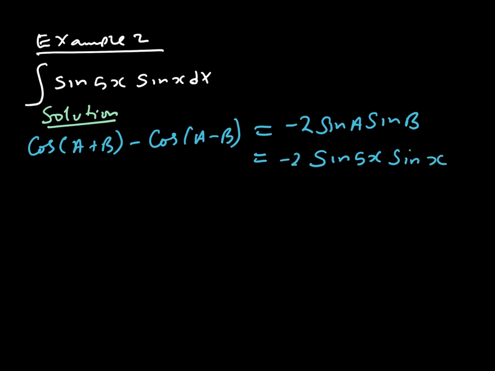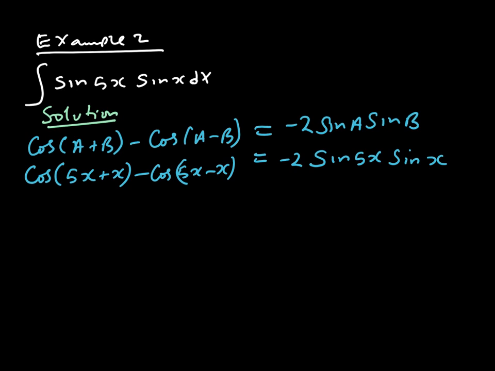So let's put a negative 2 so that we can trace where the expansion is coming from. This is going to be cosine of 5x plus x minus cosine of 5x minus x.